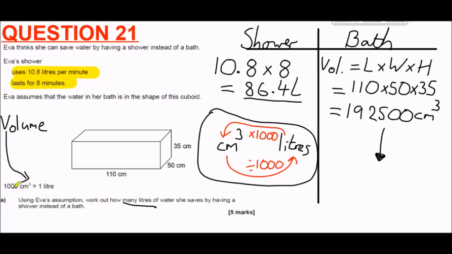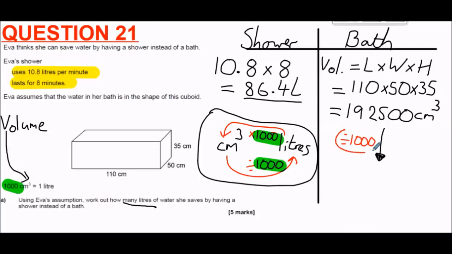The conversion factor we're told effectively is 1,000. So one way or the other is either going to be timesing or dividing by 1,000. But because we're changing from cm cubed to litres, we're going to need to divide by 1,000.